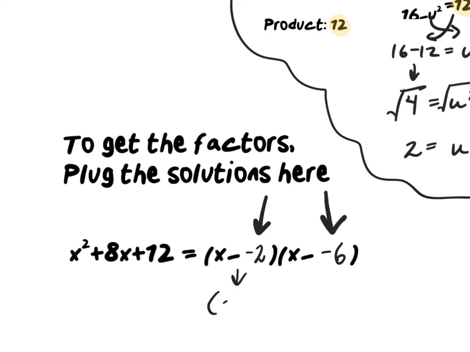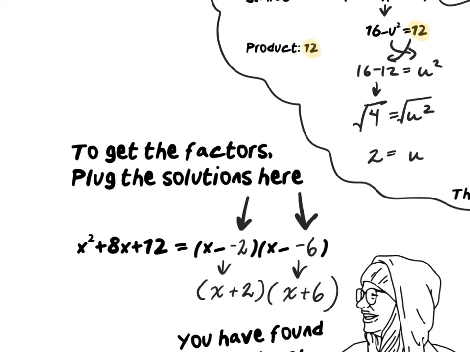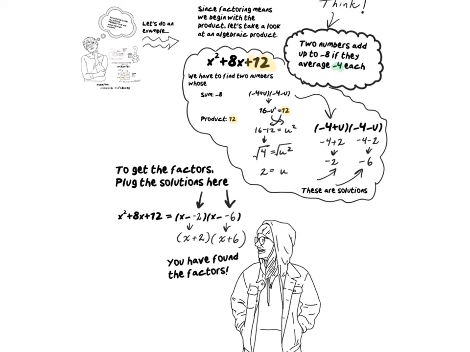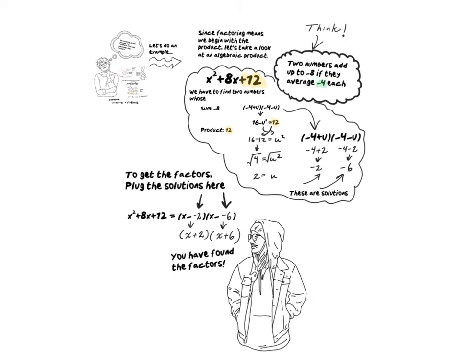And remember, since those are double negatives, my factors are actually x plus 2 and x plus 6. These are your factors. So we have just found our factors, x plus 2 and x plus 6. The factors of x squared plus 8x plus 12 are x plus 2 times x plus 6.